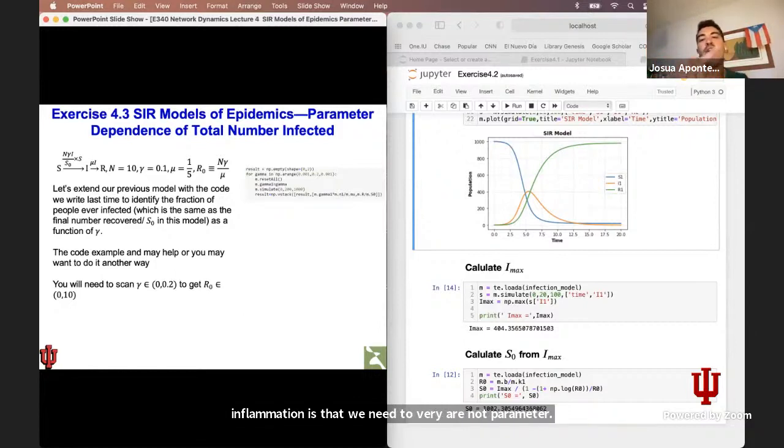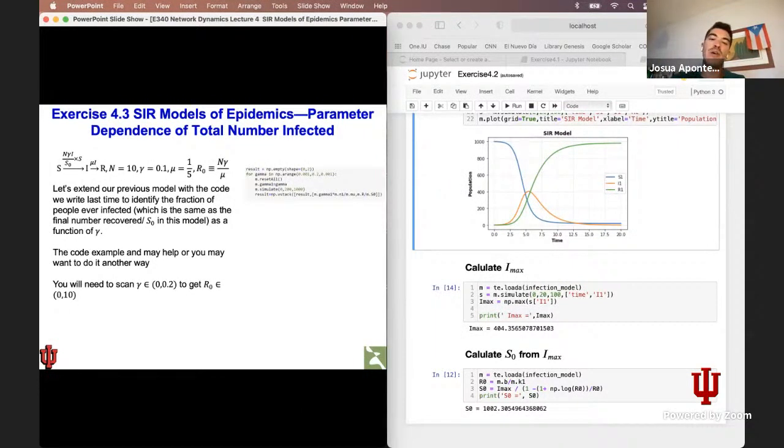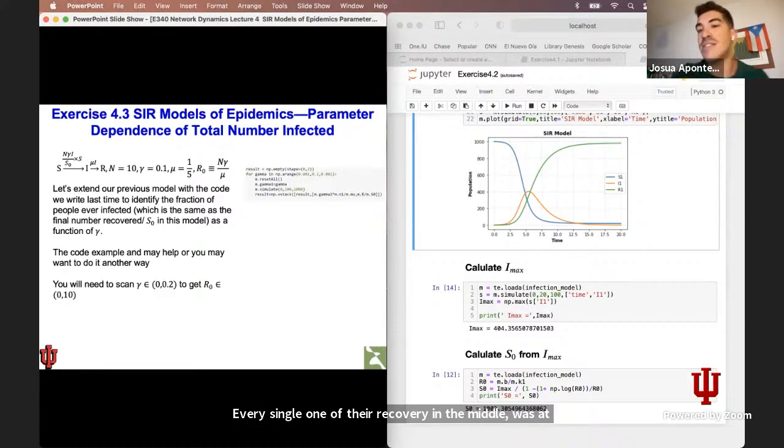As we vary R0, we simulate the model for different values of R0, and then we look at the final number of recovered individuals, because every single one of the recovered individuals was an infected individual. So that tells you what the final number of infected individuals was during the epidemic.